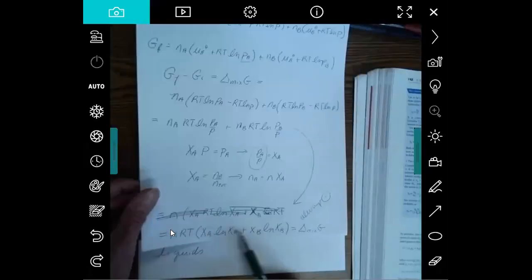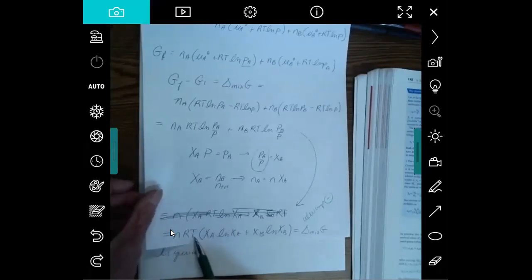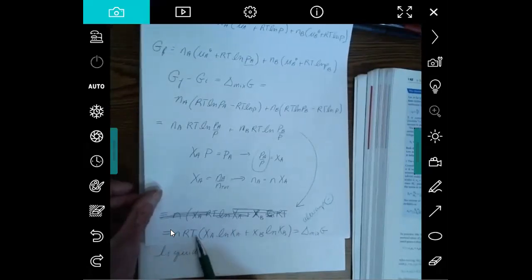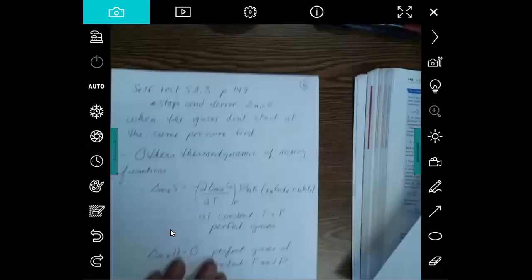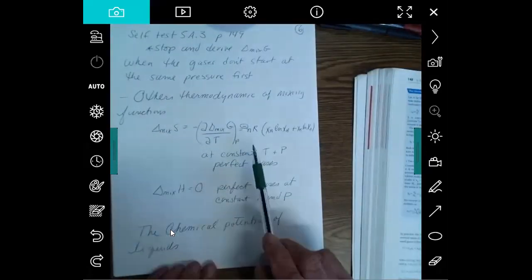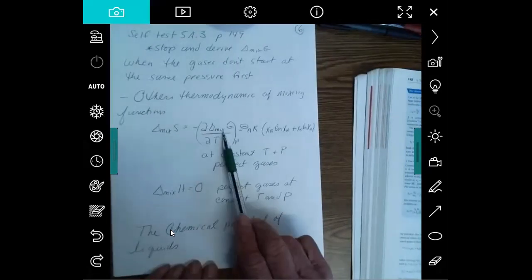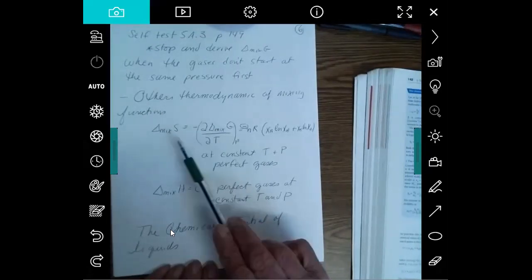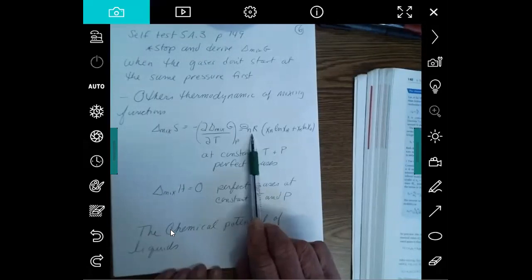It's just a bunch of stuff times T. So if you're taking the derivative of this with respect to T, you get NR times all of this stuff in parentheses. Because there's a negative out front, that means that if delta G of mixing is negative, delta S of mixing is always positive.